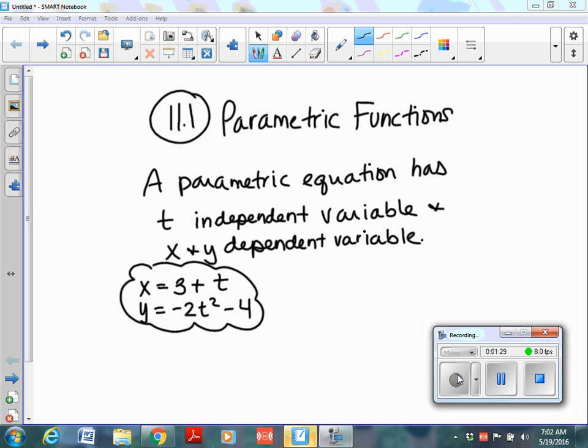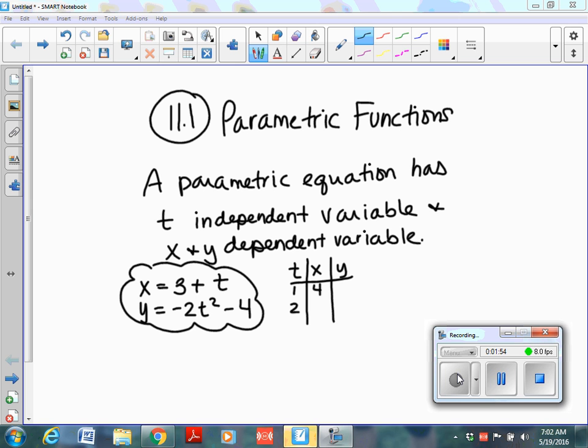Instead of making an xy chart, you make a t-x-y chart. t stands for time, like 1 minute, 2 minutes, a space car or rockets, whatever they're talking about in terms of time. When the time is 1, you plug 1 into the x equation to find the x value, and then plug 1 into the y equation to find the y value.